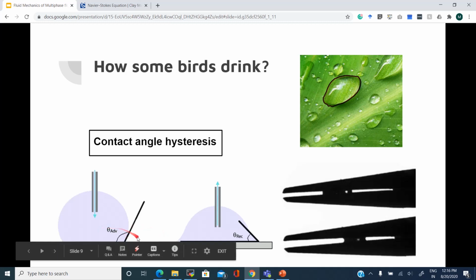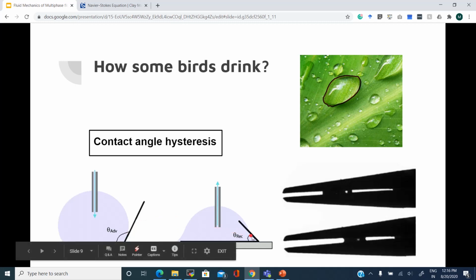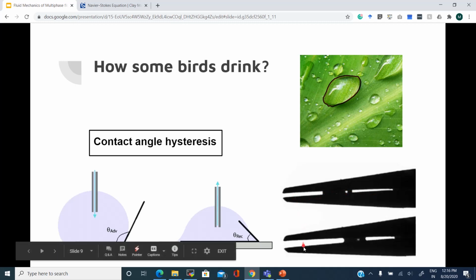You have a range of contact angles varying from theta receding to theta advancing. Both the drops are static in this case, they are not moving, but still you have these different angles. So there is this gradient of contact angle on the beak of this bird, which allows the bird to drink this drop of water by oscillating, by periodically opening and closing its beak.